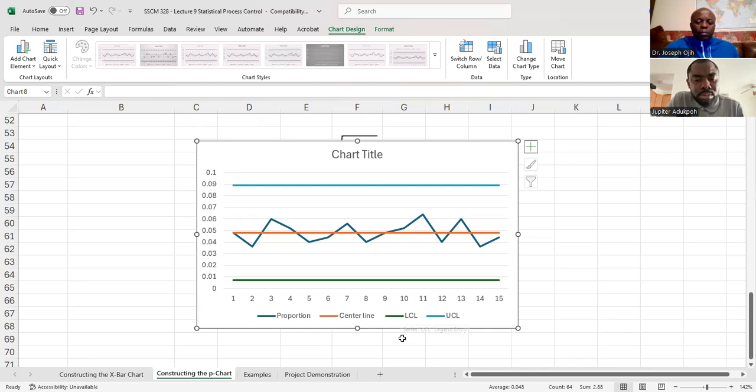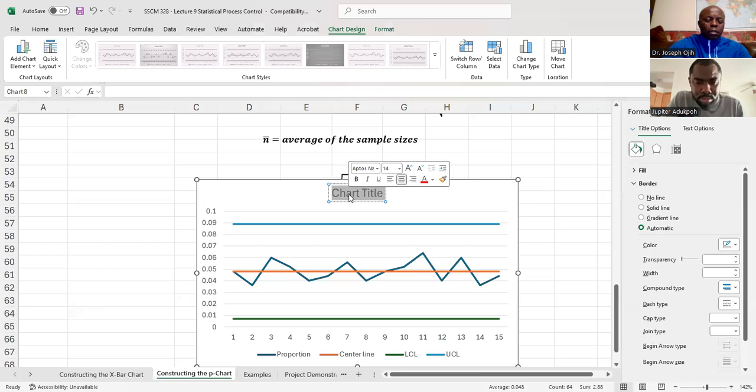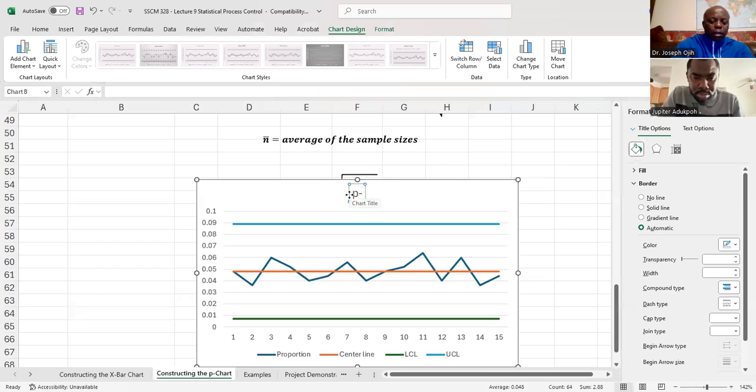Now this chart is for this company, PowerCell Technologies. So this is the P chart for their data. The P chart, control chart.